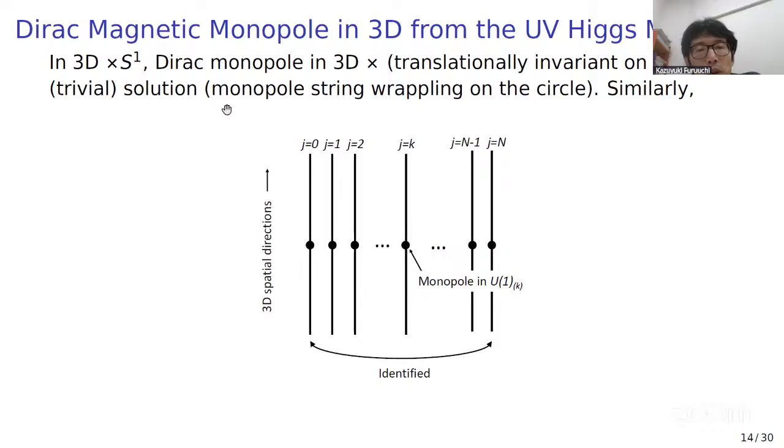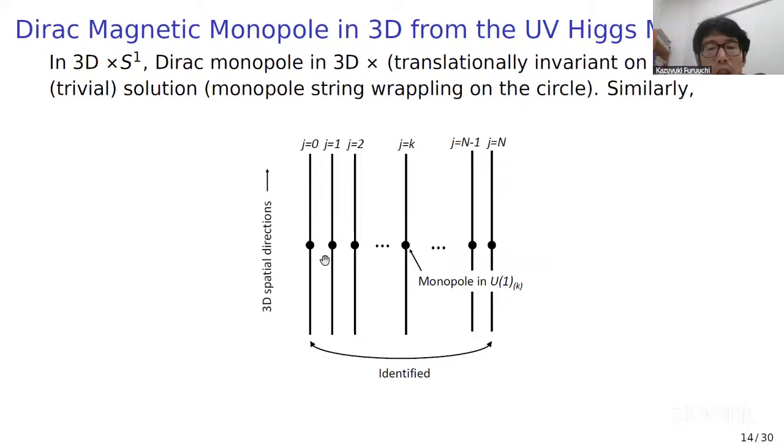It's like a monopole string wrapping on the circle. We consider a similar configuration, but now it's discrete, like a discretized sample, and this direction is three-dimensional space. You put monopoles at U(1) j equals 0, j equals 1, etc.